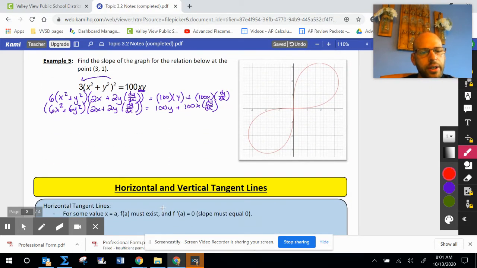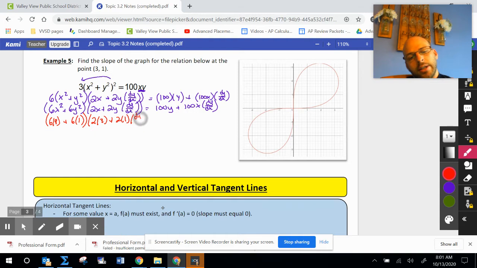So if I plug 3 in there for x, I'm going to get 6 times 9 plus 6 times my y squared. 1 squared is just 1. 2 times 3 plus 2 times 1, and that has a dy over dx, equals 100 times 1 is just 100, plus 100 times 3 is a 300 dy over dx.